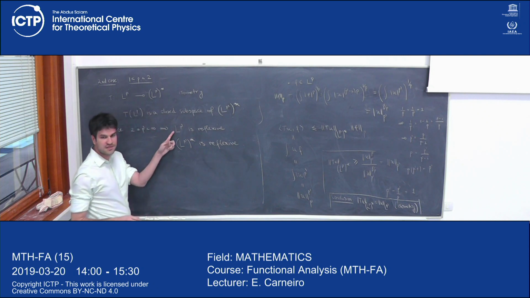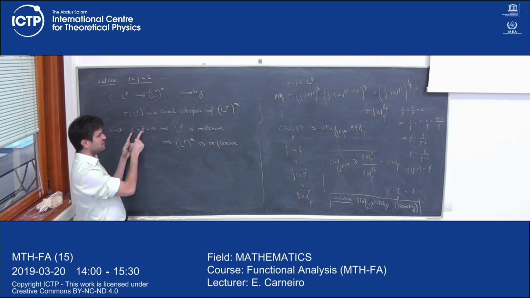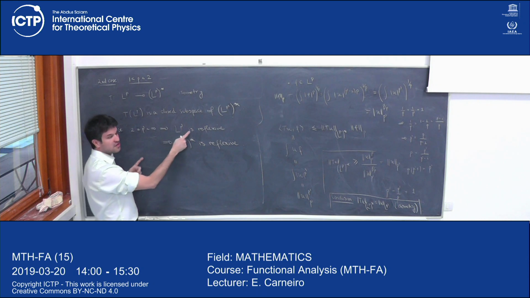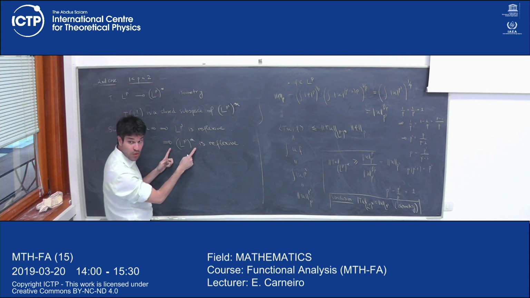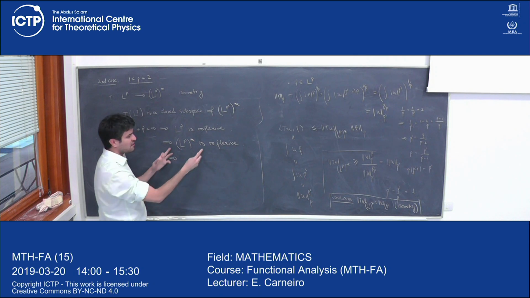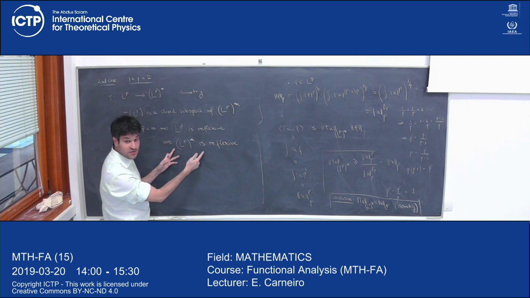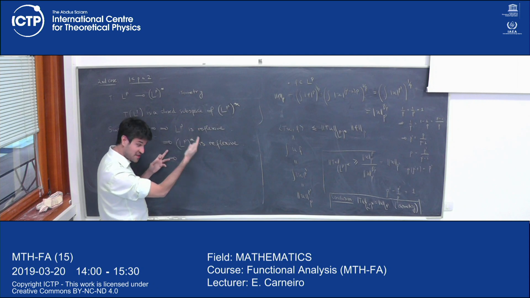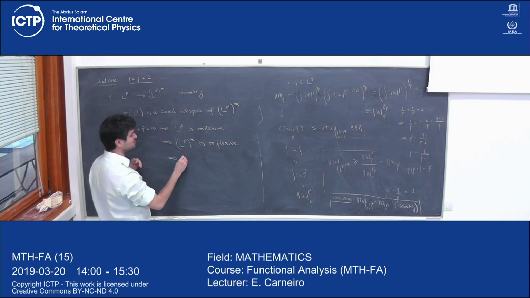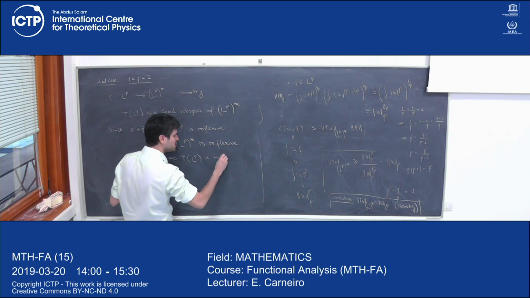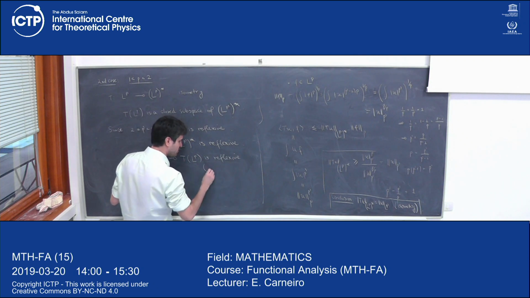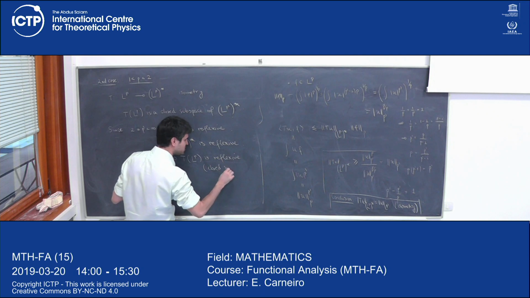We proved that if P is between 2 and infinity, LP is reflexive. Then I'm using that if the space is reflexive, the dual is reflexive. A closed subspace of a reflexive space is reflexive. So this implies that T of LP is reflexive, being a closed subspace.